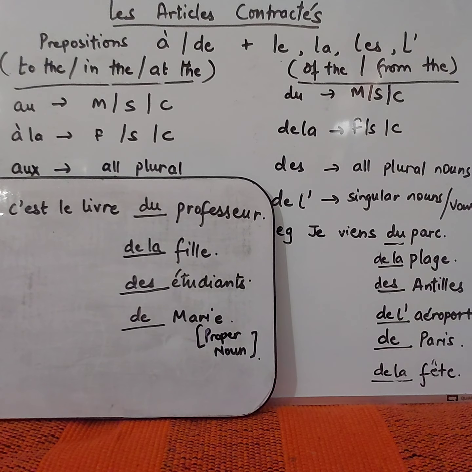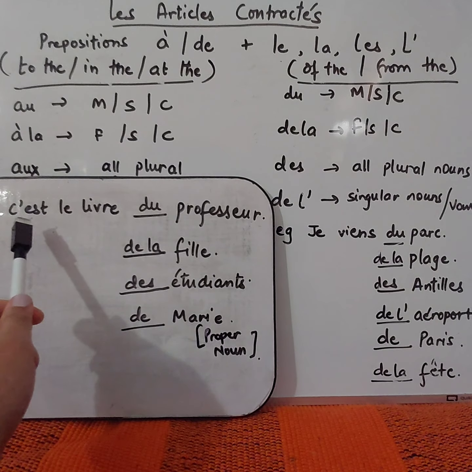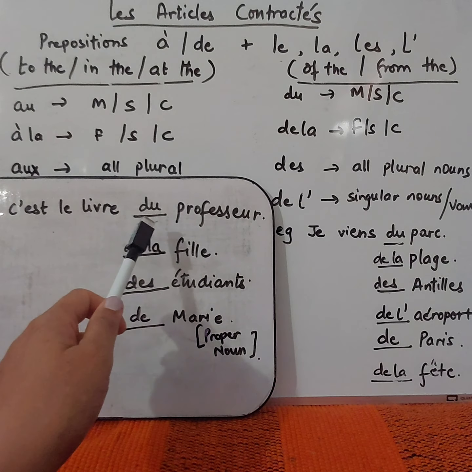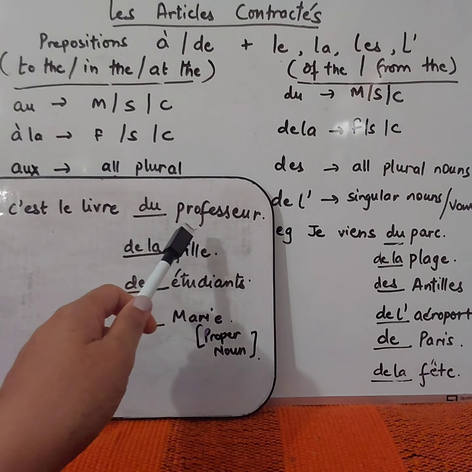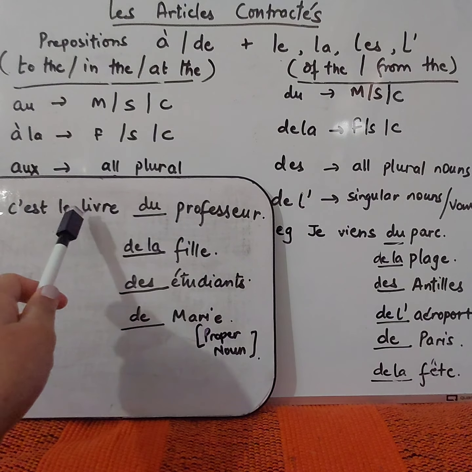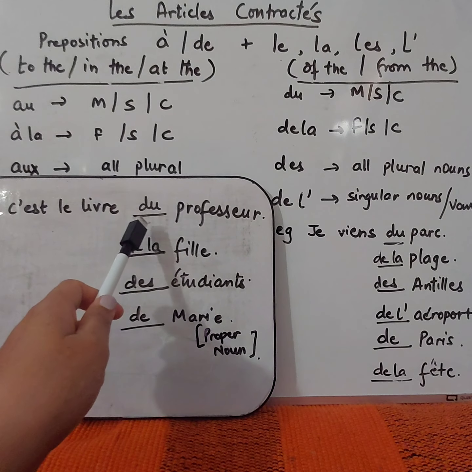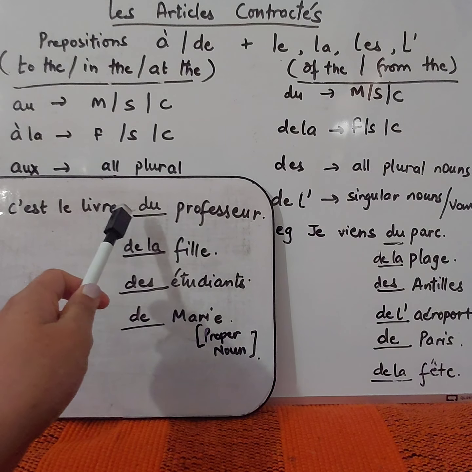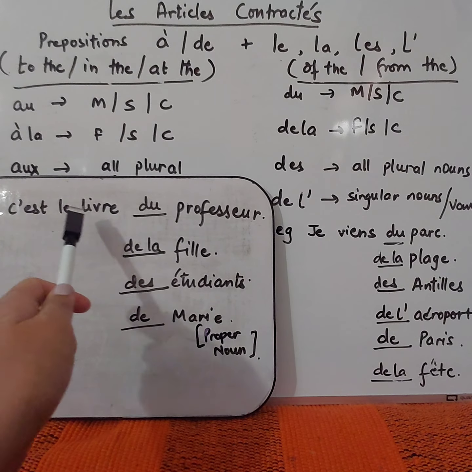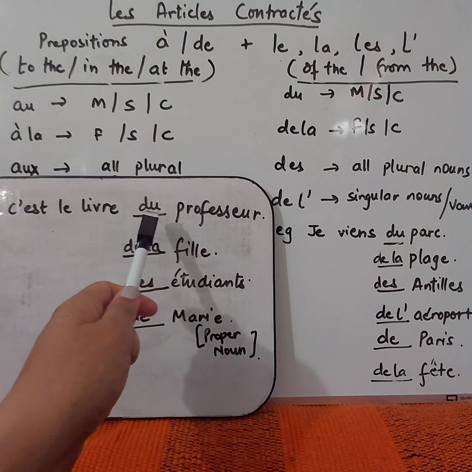All right, let's take some more examples. The next example is c'est le livre du professeur. Now, what does that mean? You know, c'est means this is, le livre means the book, du professeur of the professor. So when I have to say c'est le livre du professeur, that means this is the book of the teacher.